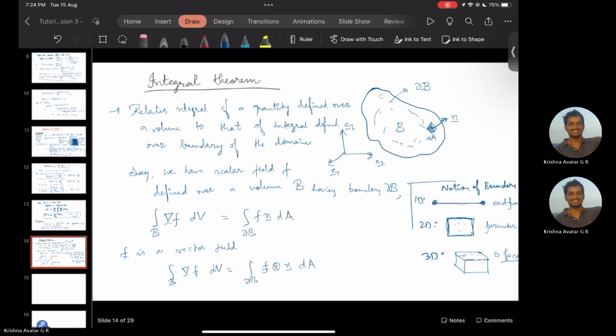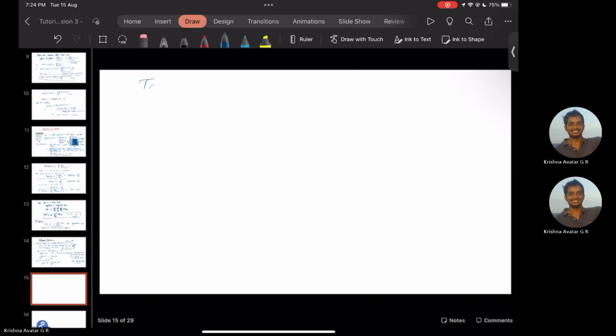Fine. Now, not taking divergence, we are just taking trace actually here.